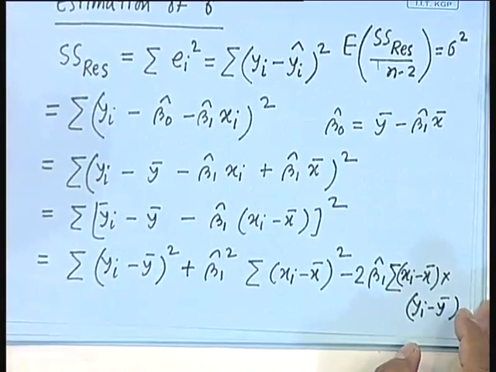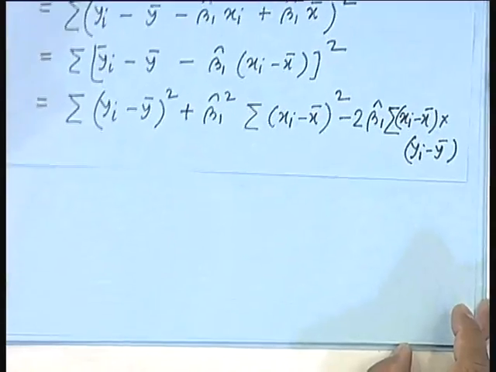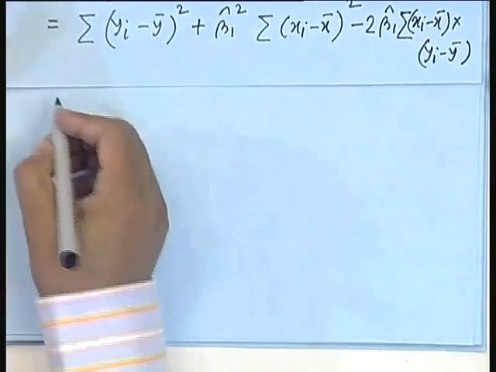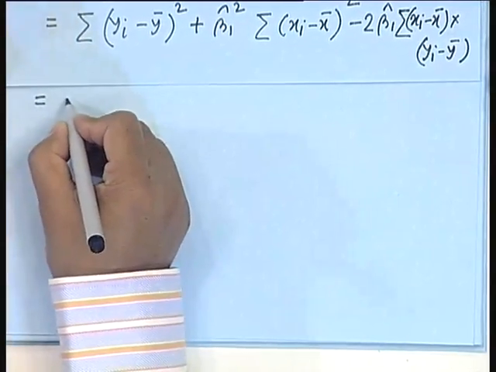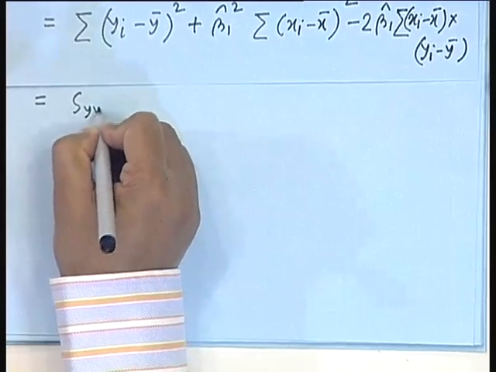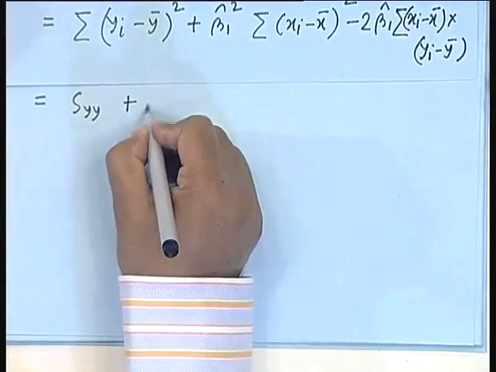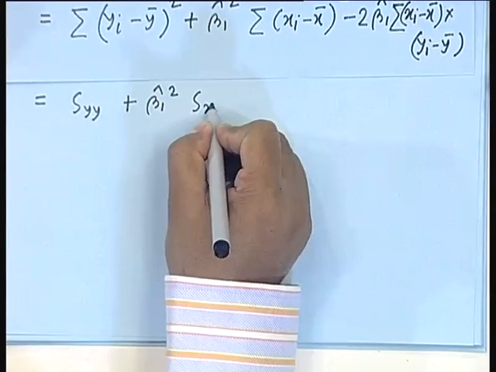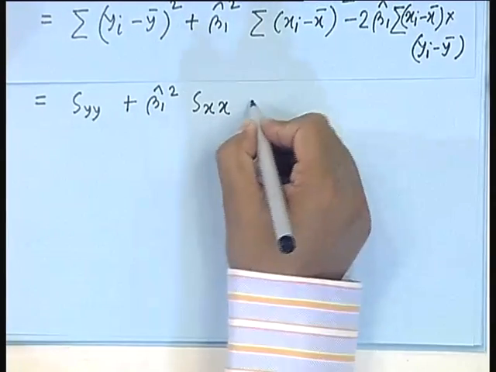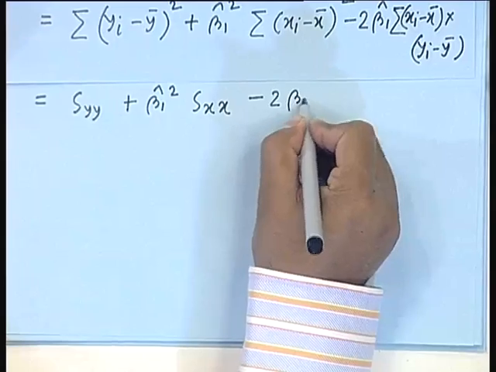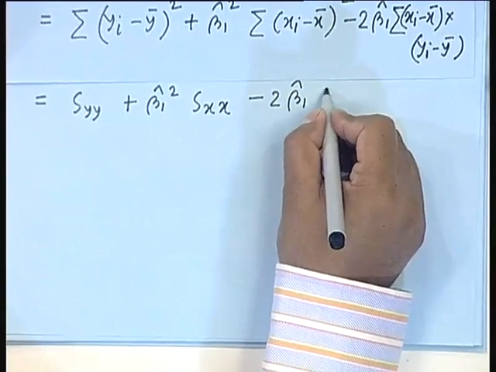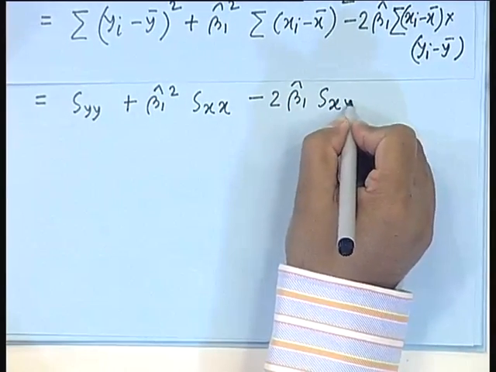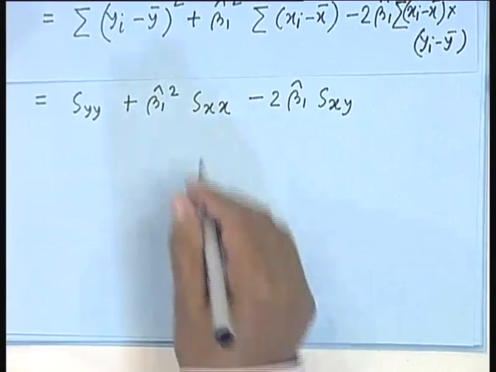Right. So, this can be written in the form SYY plus beta 1 hat square SXX minus twice beta 1 hat SXY. Just notation.